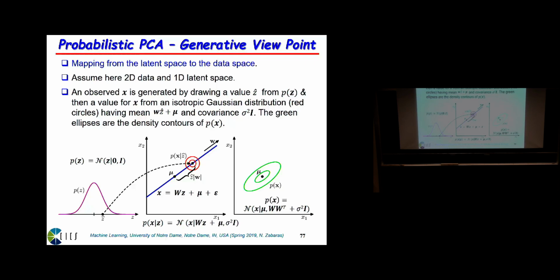I don't see any complexity in the model because the data that I generate are coming from a Gaussian. So why not, if you emphasize the generative aspect, just put a multivariate Gaussian here and sample from it? Well, the answer is that if you have a multivariate Gaussian in D dimensions, the covariance will be of the order of D squared. And here, what's the order of WW transpose?